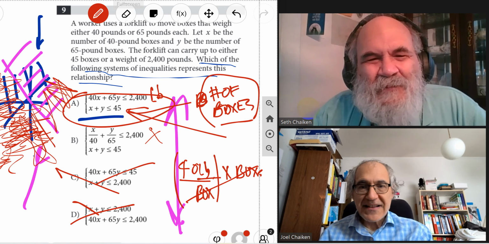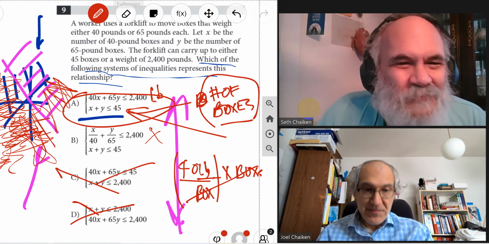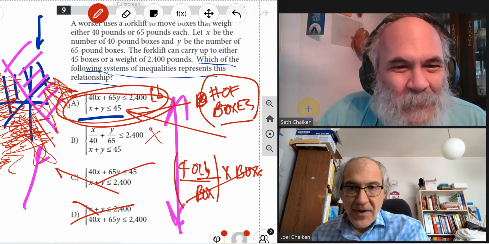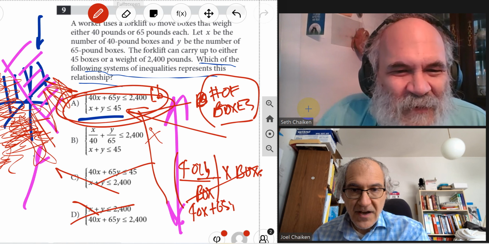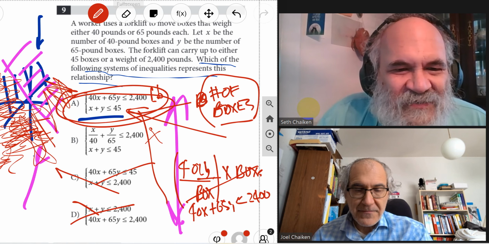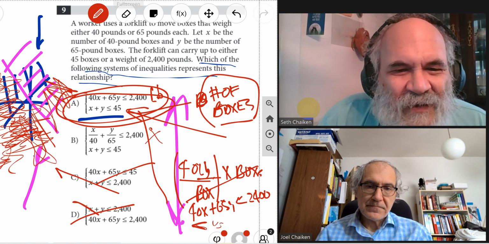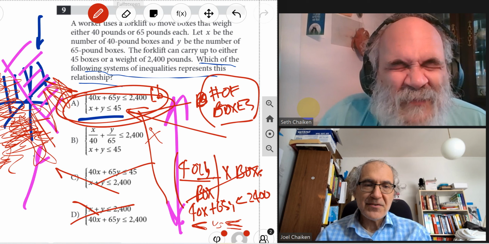That's funny, because if you were in a regular algebra class with a multiple choice question, your teacher would give you this, but they would also give the choice 40x plus 65y just less than 2400. So this is the strict less than inequality, versus the inclusive, non-strict case.